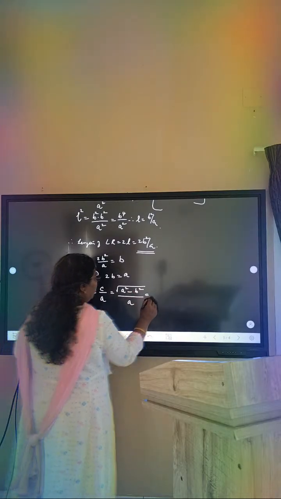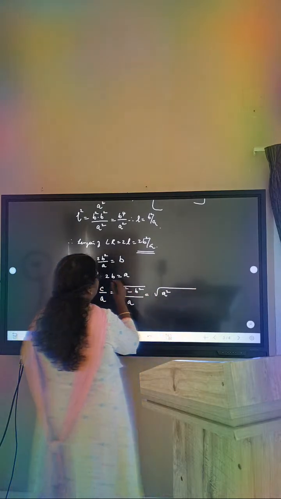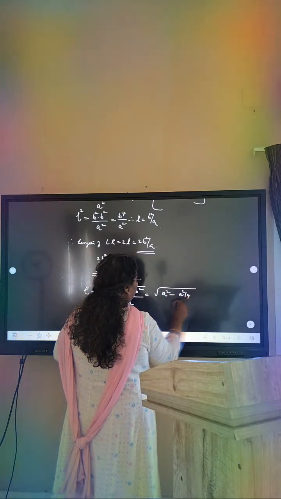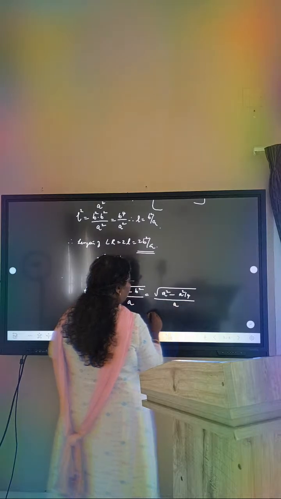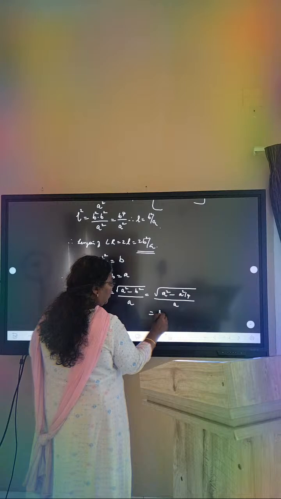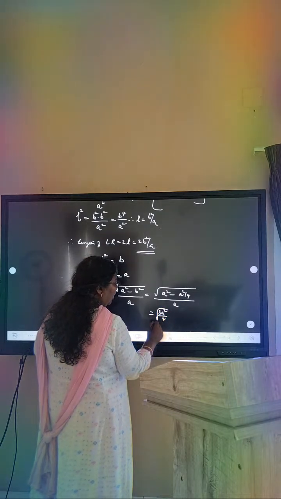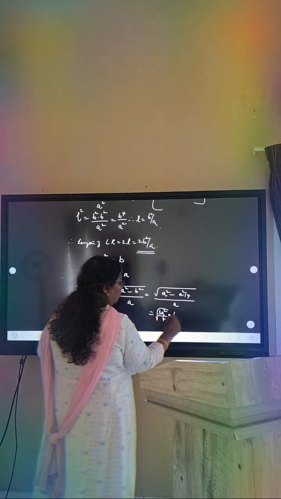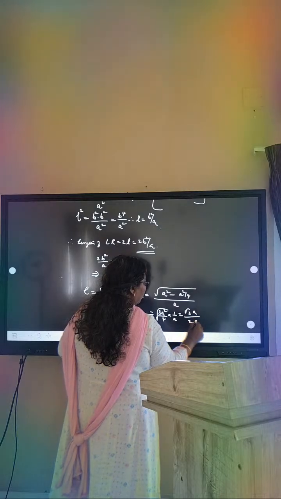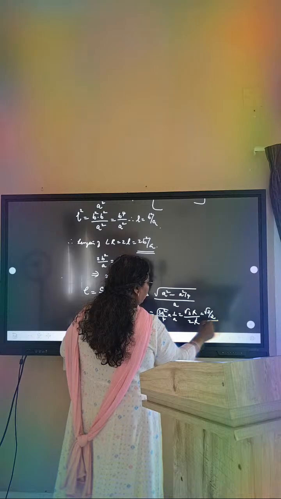That is the square root of a squared minus a squared by 4, which is 3a squared by 4, divided by a, and that is equal to root 3a divided by 2a. So a gets cancelled, and therefore your eccentricity is root 3 by 2.